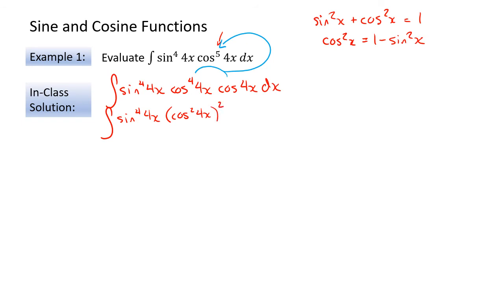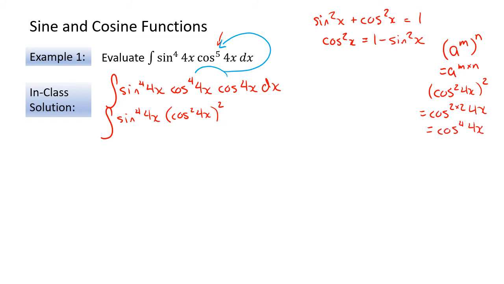Remember, if you have some number a to the exponent m, and that's raised to the exponent n, that's the same as multiplying the exponents. So in this case, if you have cosine squared of 4x squared, that's the same as cosine of 2 times 2, multiplying the exponents, or cosine to the exponent 4 of 4x.